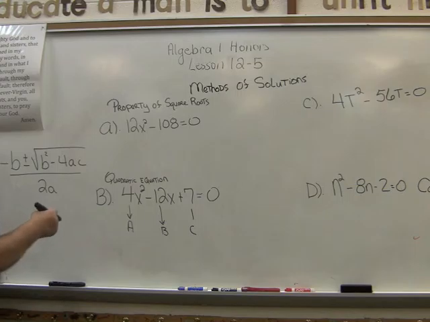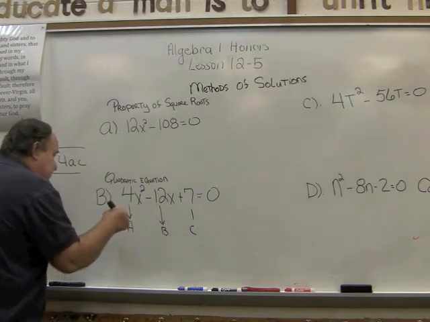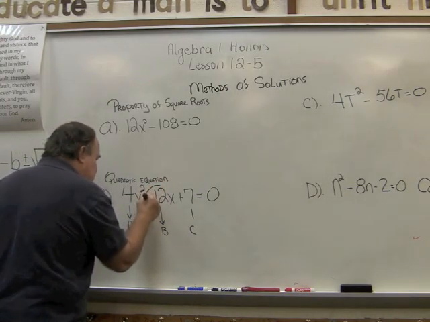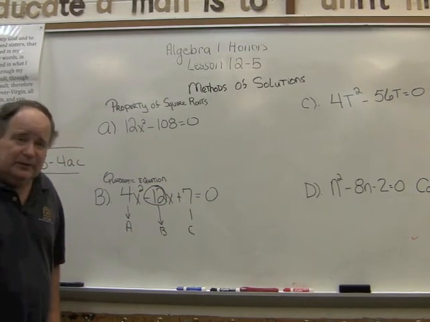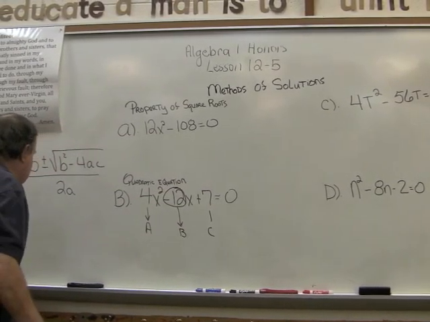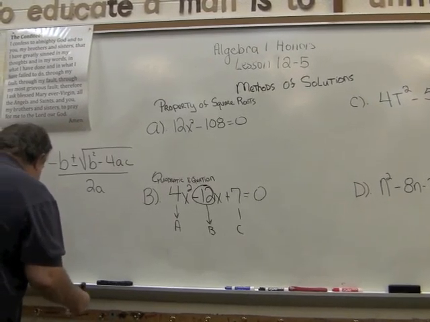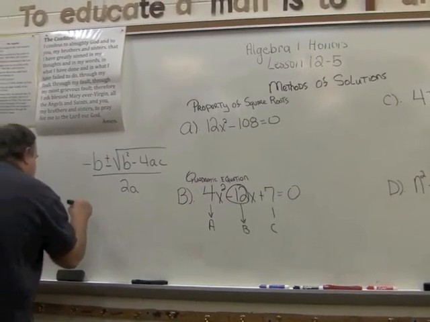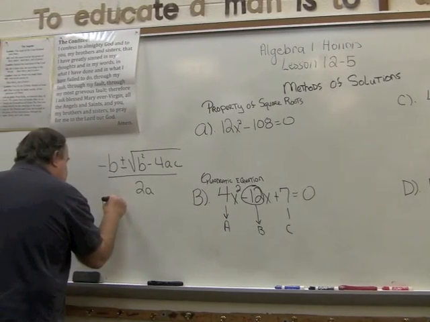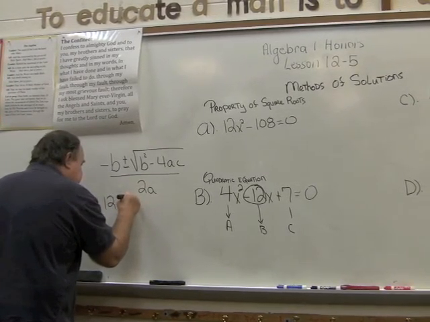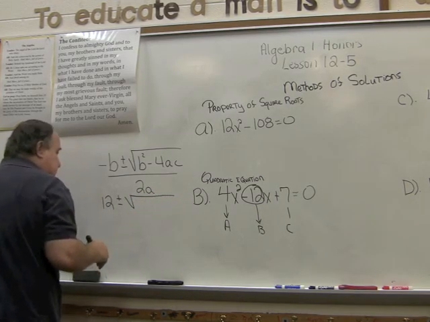Now, when you get your a, b, and c, you see the sign here is a negative. It has to go with the number. If there's a sign in front of your number, you always have to bring it with you. So in this case, my negative b is going to be negative 12, so negative 12 is positive 12, plus or minus. Now we're looking at the square root of b squared.